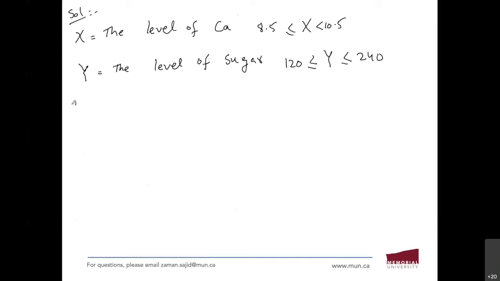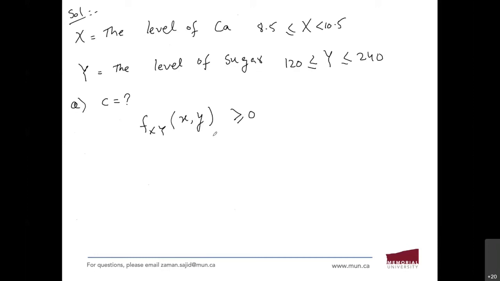Now, in part A, we need to find the c. We will check our conditions. The condition was that f of x, y at x and y should be greater than or equal to 0.